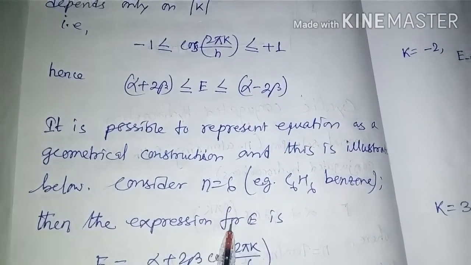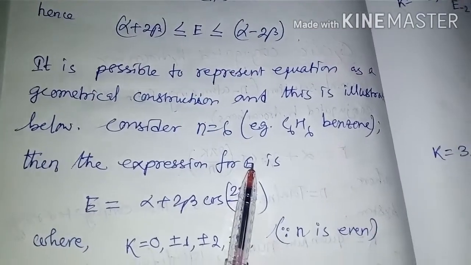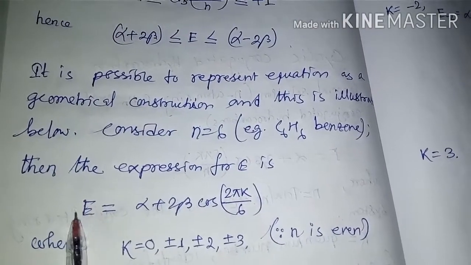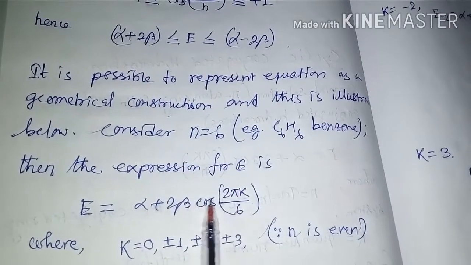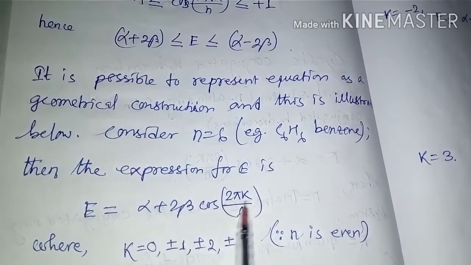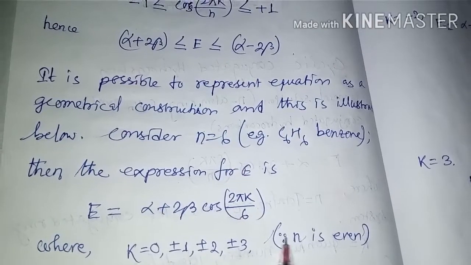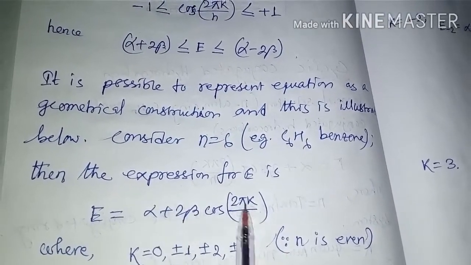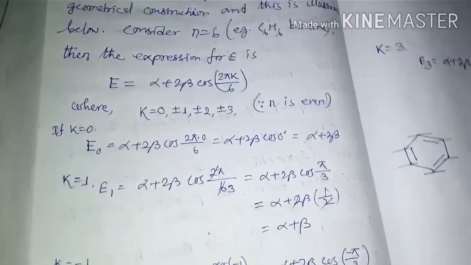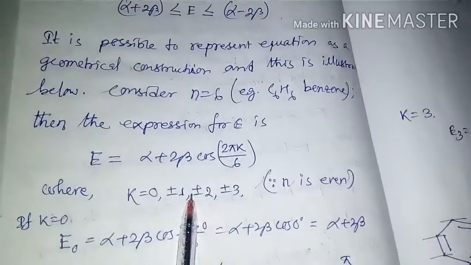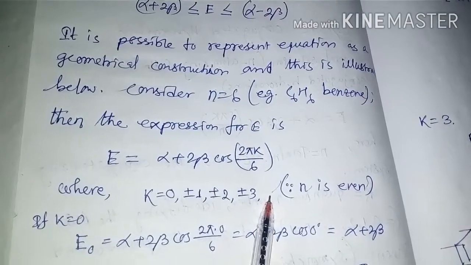Then the expression for E is this formula: E equal to alpha plus 2 beta cos 2 pi k divided by 6, where 6 is what? Even number, carbon value. Okay, n is even, then you can write k as 0, plus minus 1, plus minus 2, plus minus 3 like this.